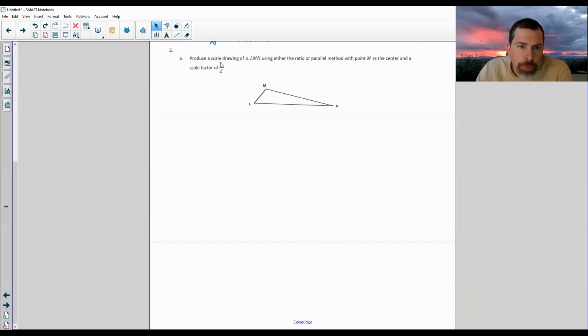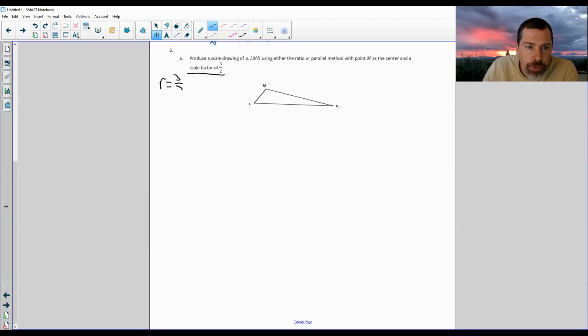Okay, number 2 says to produce a scale drawing of triangle LMN using either the ratio or parallel method with point M as the center and scale factor of 3:2. So first thing I'm going to do is underline this. R equals 3/2. That's greater than 1. So the one we draw is going to be larger than this one.